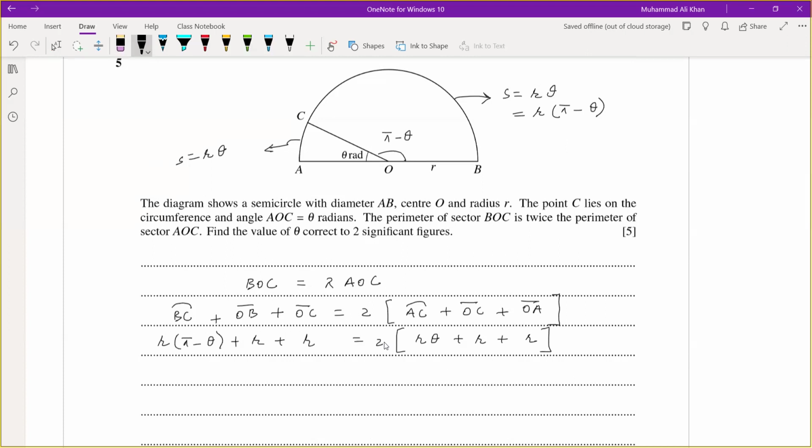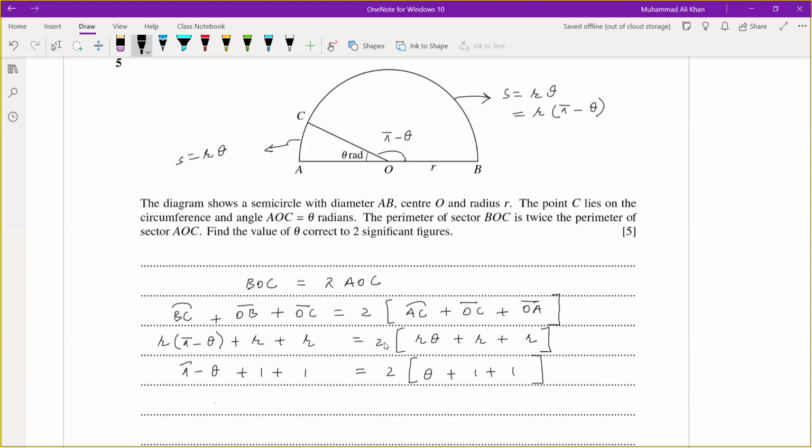Now, after that, R common from this side, so it will be pi minus theta plus 1 plus 1, equals to R common from this side, so it will be theta plus 1 plus 1. R cancels R after taking common. So we have to find the value of theta.